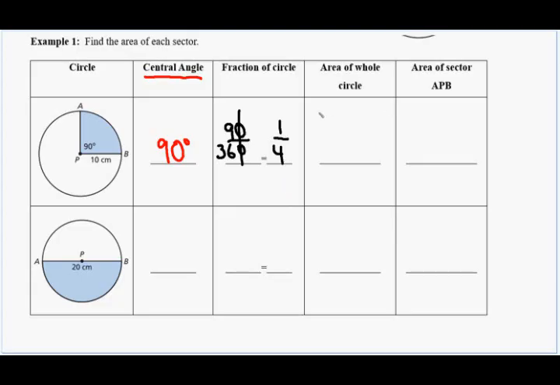So the area of a whole circle is pi r squared. In this one, it's going to be pi times 10 squared, or that'll be 100 pi. 100 times the pi key.